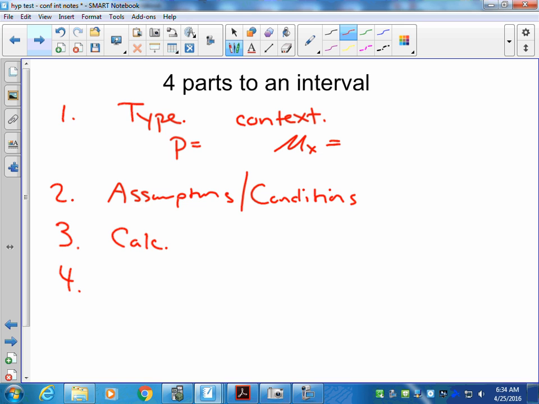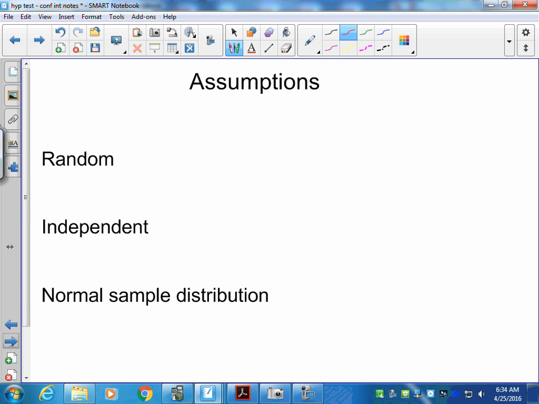And what's the fourth part to an interval? Your conclusion. So we're looking for those same pieces every time. The only thing that's a little bit different is an interval doesn't have the null and alternative hypothesis. So all we need there is that's where we're going to put in the context that we use later in the question.